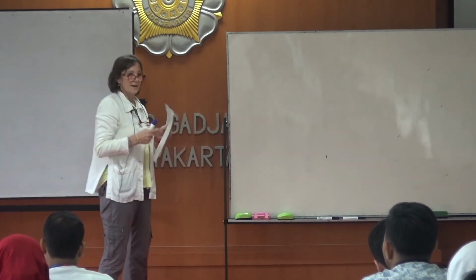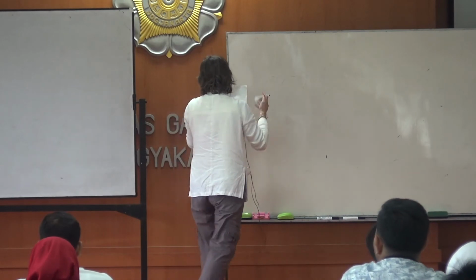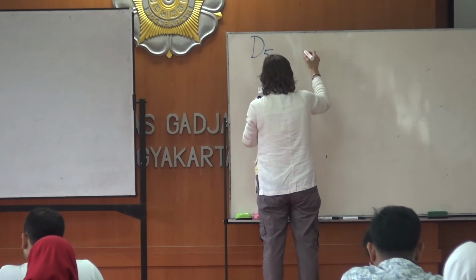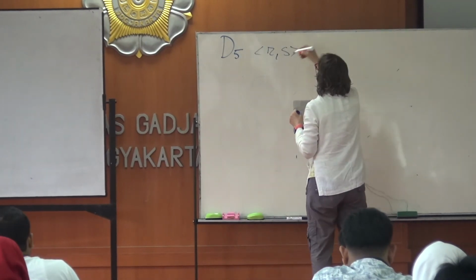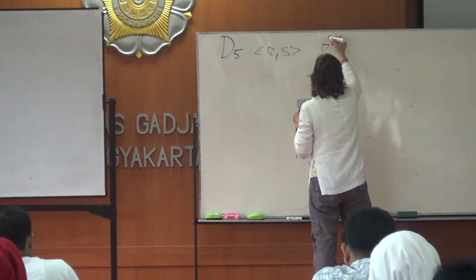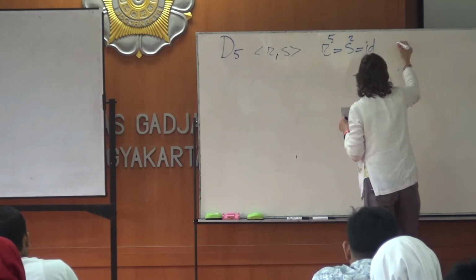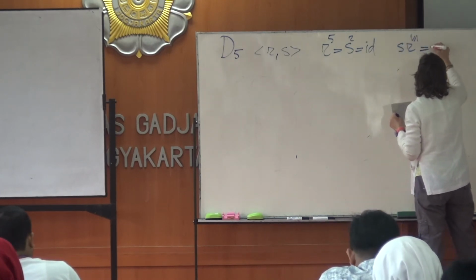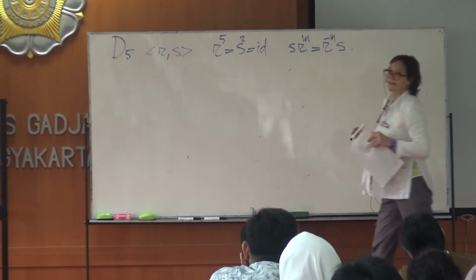Now, I do a further example. So now we consider the group D5. It's generated by 2 elements, R and S, under the relations R to the 5 is equal to S squared is equal to the identity, and S R to the m is equal to R to the minus m S. You remember?